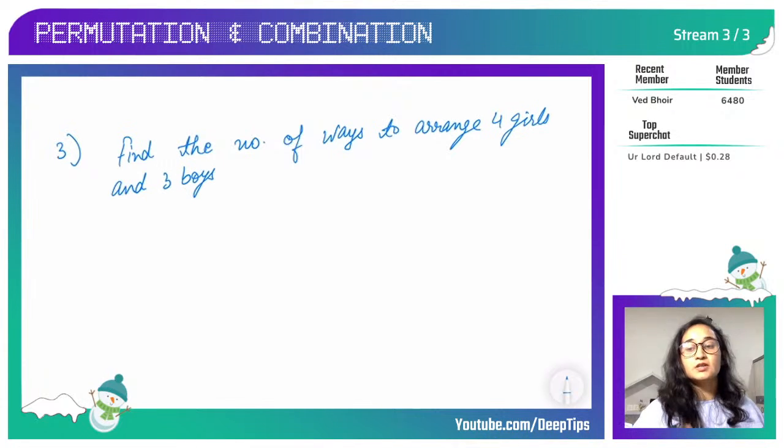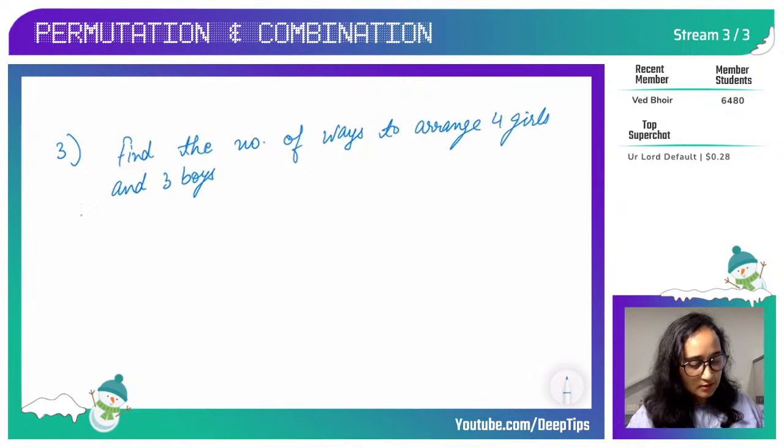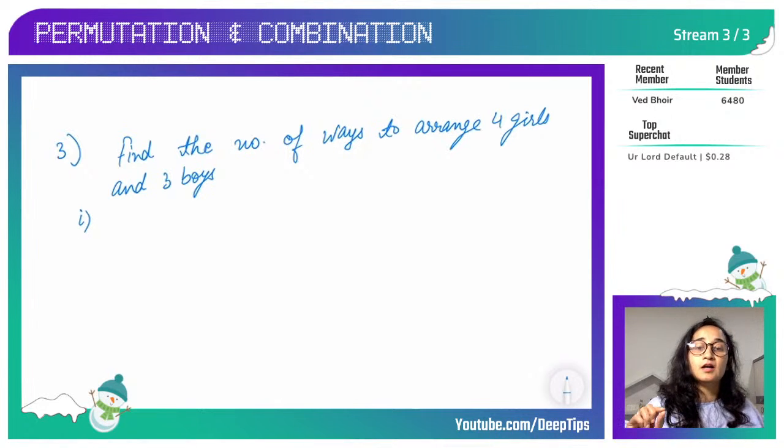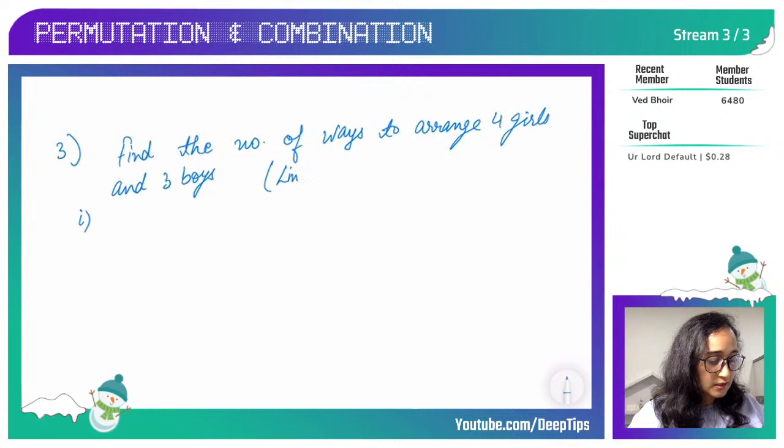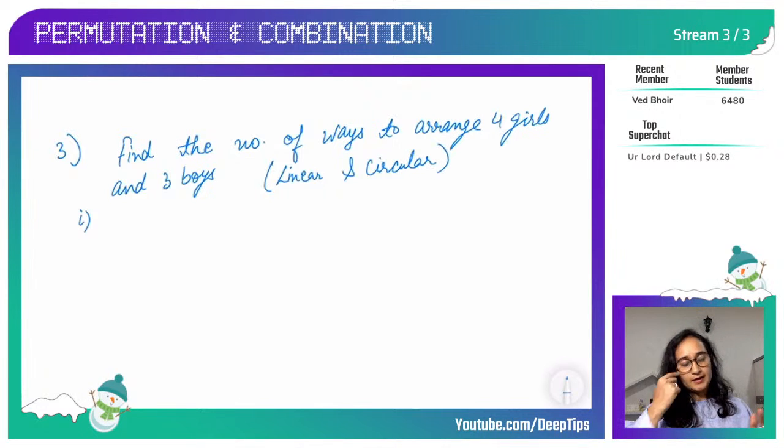Okay, so this question also I have split in 2 parts. So first part is, let's understand if I ask you to arrange in linear arrangement, and let's do circular also, so that we can connect with both of them.